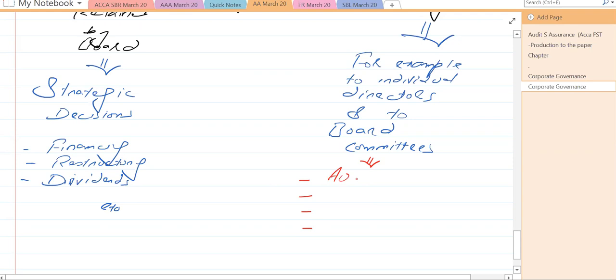So, audit committee, remuneration committee, nomination committee, and risk committee.